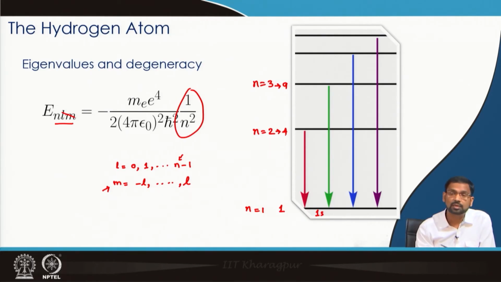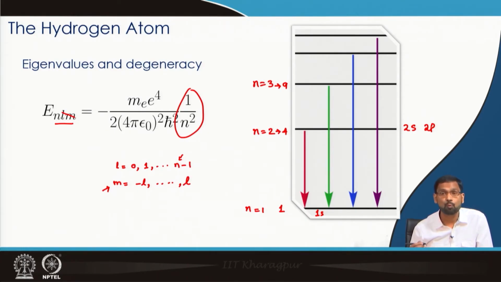When I am considering n equals 2, I see that it is 4-fold degenerate. What do I mean by that? When n is 2, I can have l as 0 or 1, that is either 2s or 2p. When l is 0, that is s orbital, the m value is only 0, so that is only one eigenfunction.